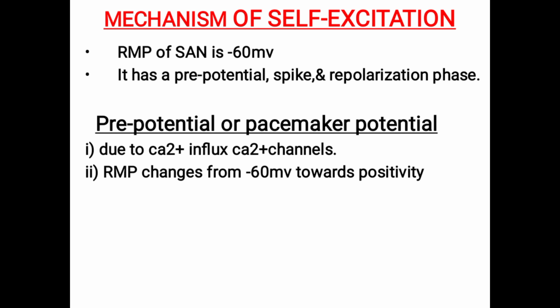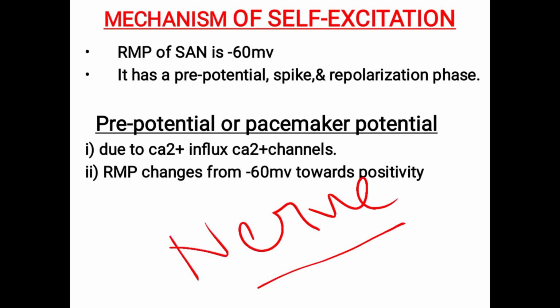The action potential and the resting membrane potential, both I will explain in the next class, when I start the nerve and skeletal muscle class. If I tell you now, you will not understand the concept. Clear?